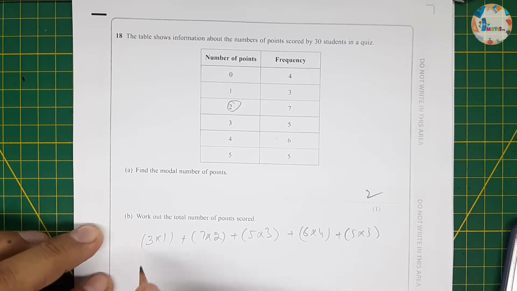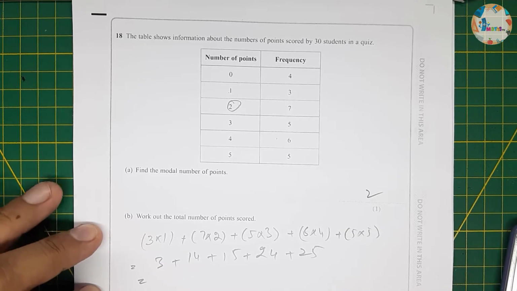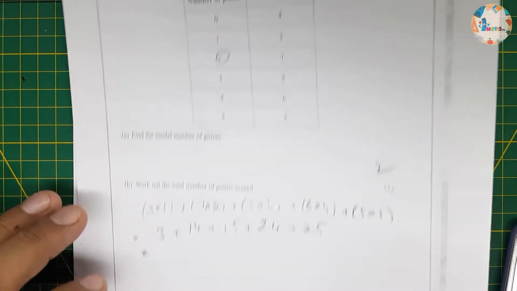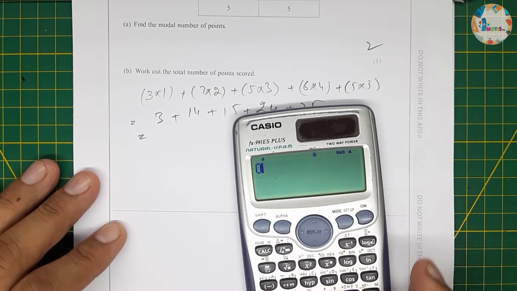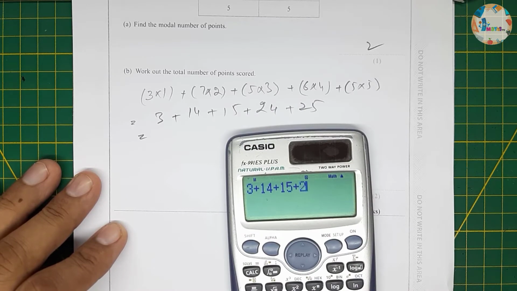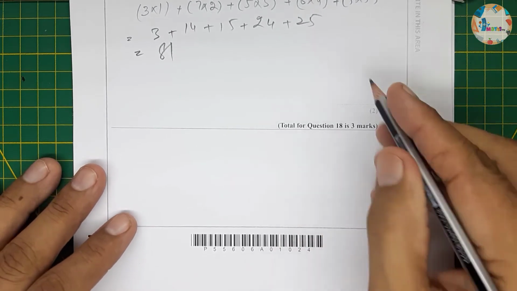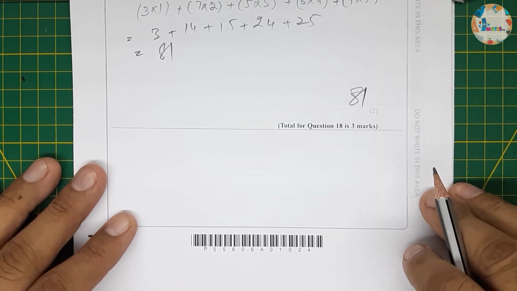This will be 3 plus 14 plus 15 plus 24 plus 25. We can add these numbers with a calculator: 3 plus 14 plus 15 plus 24 plus 25, and this will give us 81. So the answer will be 81.